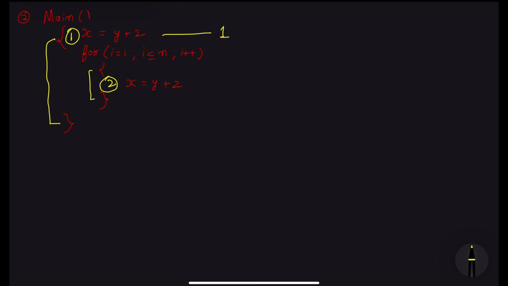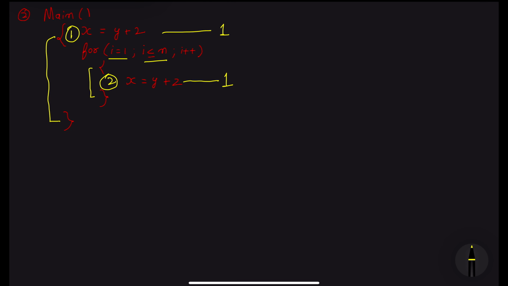The second statement is also taking 1 unit of time because it is also a single statement. But this statement is inside a for loop, and this loop runs from i equal to 1 until the value becomes greater than n, and the increment for this loop is i plus plus, so it increments by 1 every time.